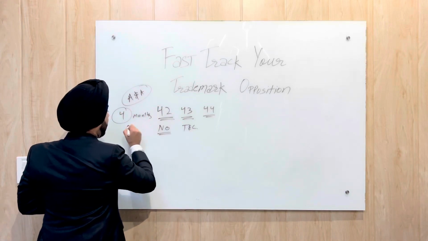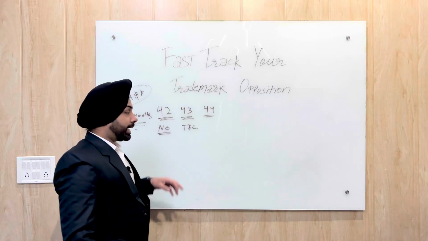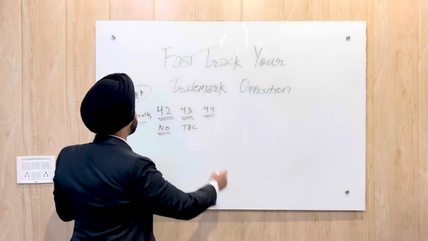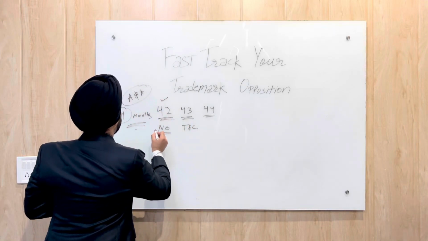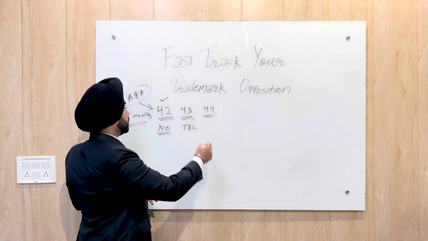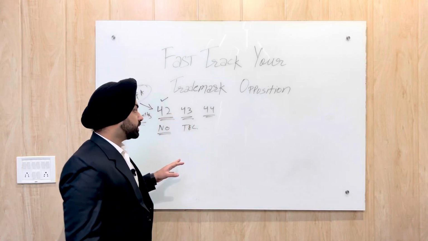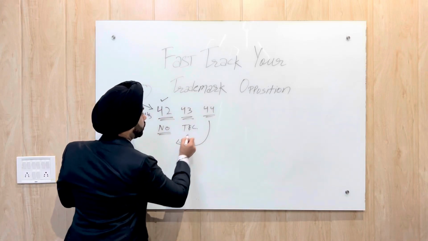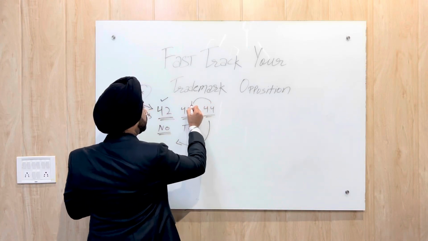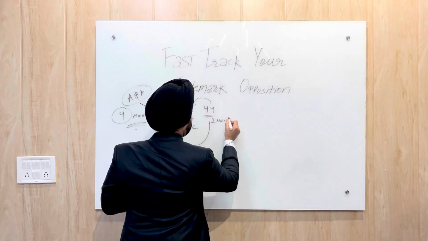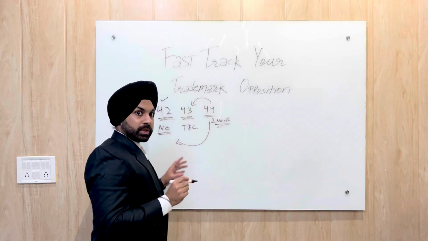During that window, any person can file opposition to your trademark application under rule 42, within 4 months of advertisement and acceptance. After the notice of opposition, you will file the counter statement under rule 44 read with rule 43, within 2 months of receipt of the notice of opposition.